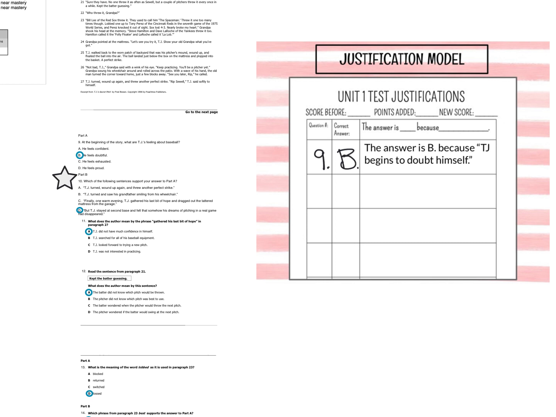I'm going to make my justification match what the question asks, which is, how did he feel about baseball? So the answer is B because TJ begins to doubt himself proves how TJ feels about baseball.